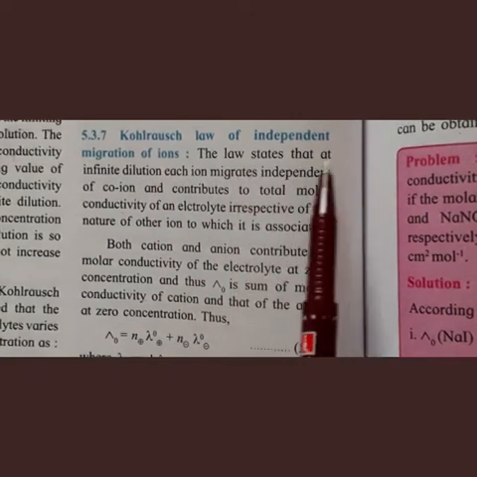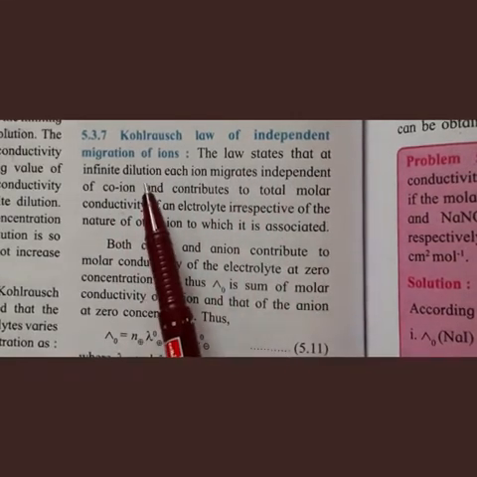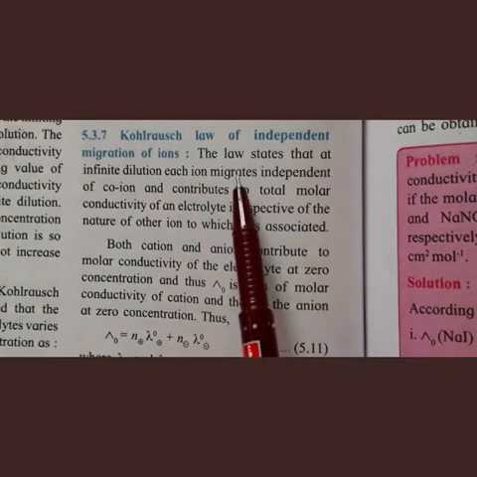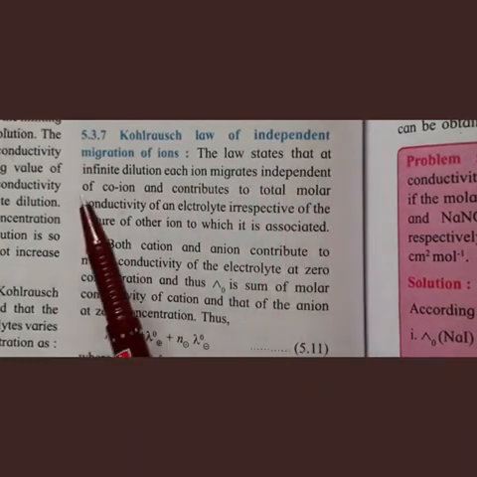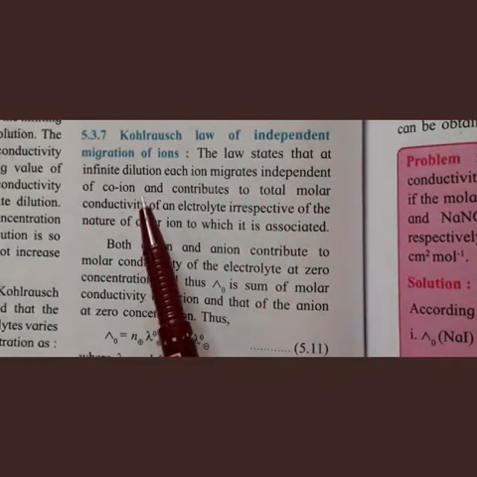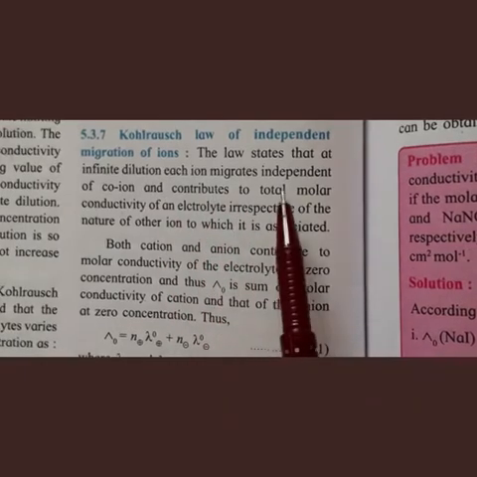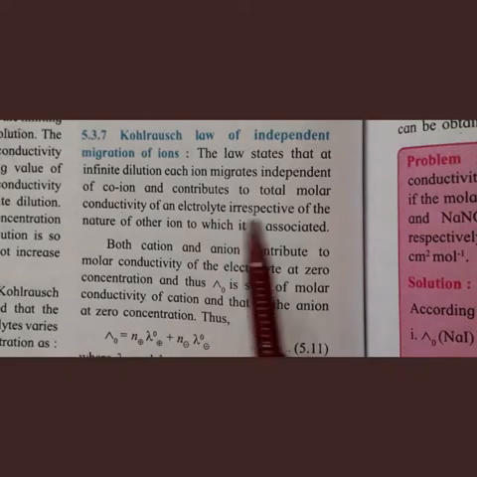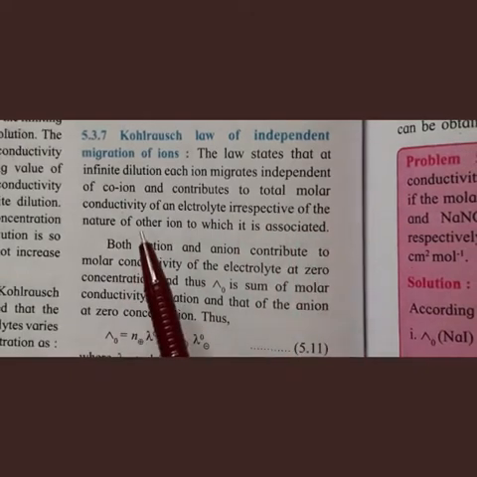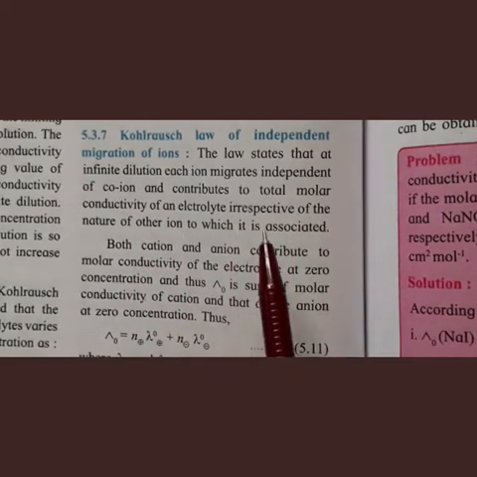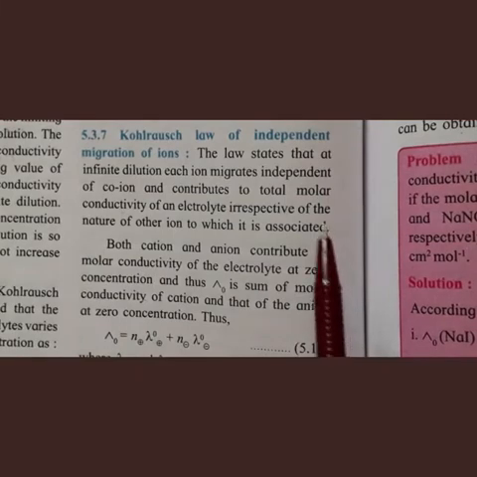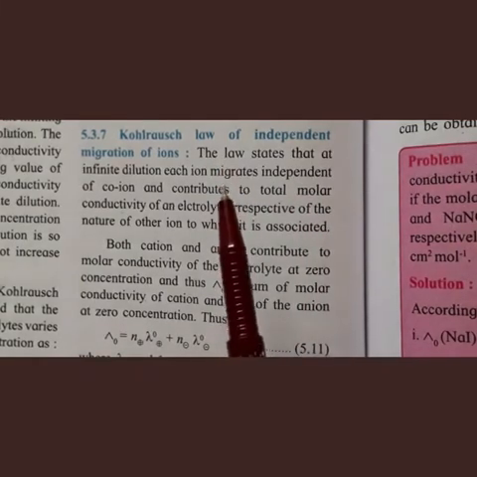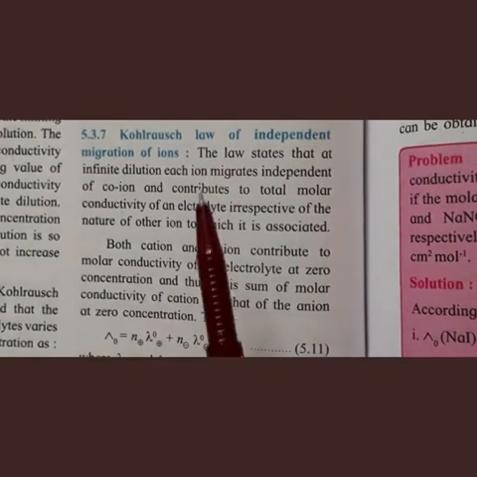The law states that at infinite dilution, each ion migrates independent of its co-ion and contributes to the total molar conductivity of an electrolyte, irrespective of the nature of the other ion to which it is associated. Now we know in an electrolytic solution ions are present.